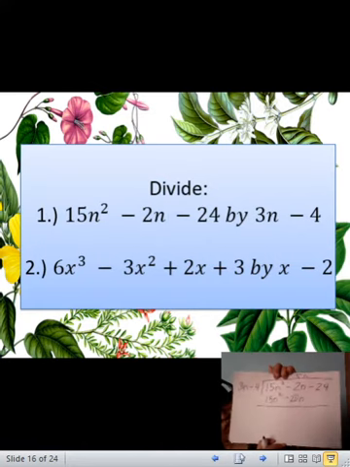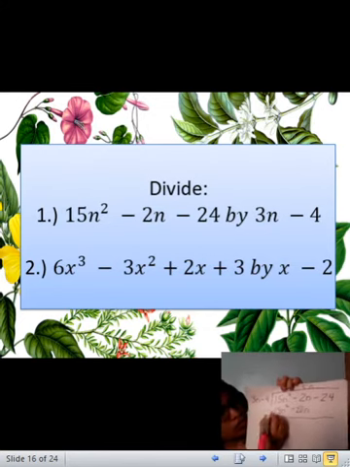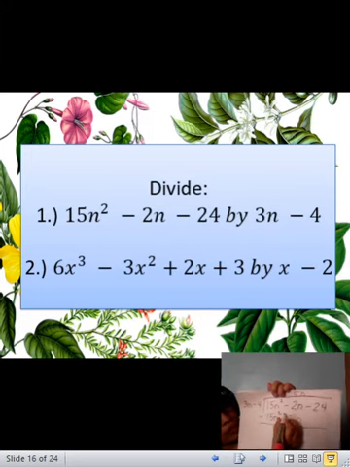Then we will proceed with subtraction. So if I subtract, then the rule is to change the sign of this 15n squared to negative, and our negative 20n will become positive.